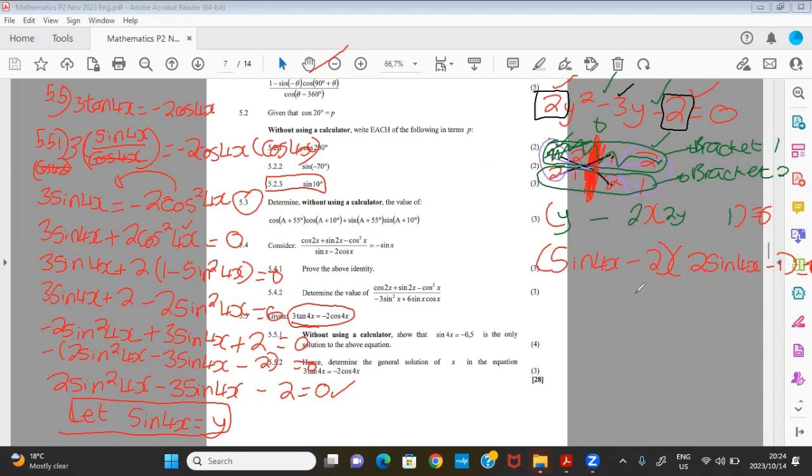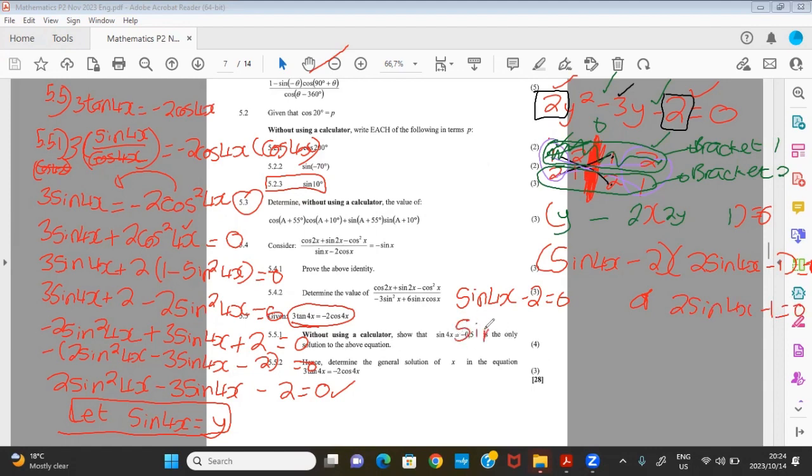From here, it's just a matter of having sine 4x minus 2 is equal to 0, or 2 sine 4x minus 1 is equal to 0.